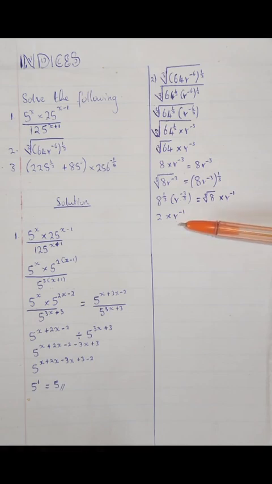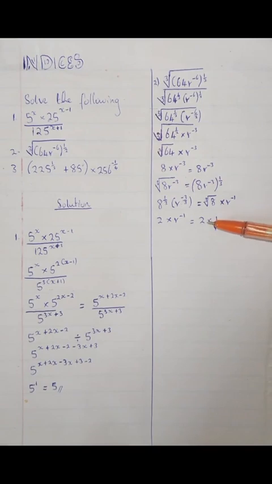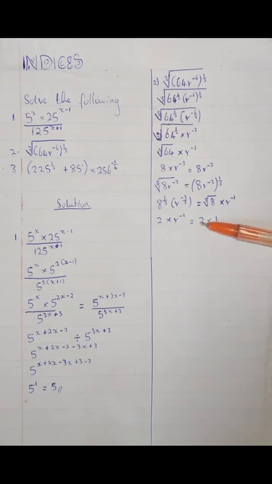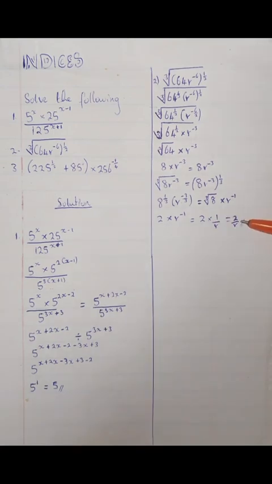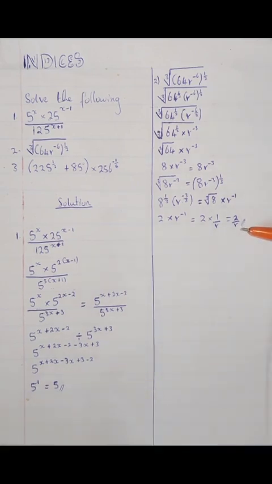So 2 times r raised to the power of minus 1, we write r to the power of minus 1 as 1 all over r. So we have 2 times 1 all over r. 2 times 1 is 2, so we have 2 all over r. And this is our final answer: 2 over r. So you can see that it is very easy to solve. This didn't take up to 10 lines, and we've solved this step by step.